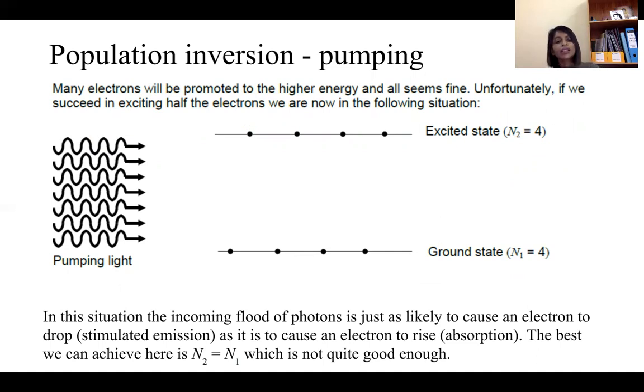Why? Because in this situation, the incoming flood of photons is likely to cause electrons to drop.